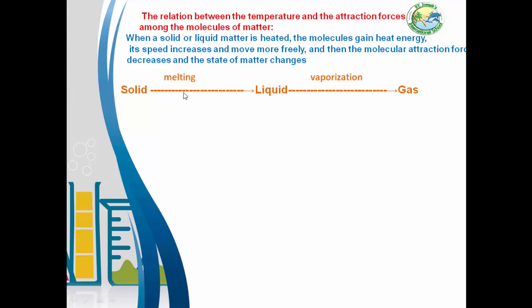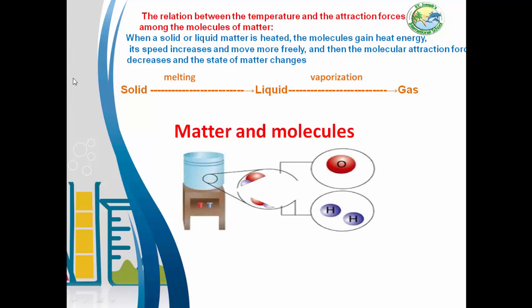Then we will talk about the structure of molecules, and also the kinds of molecules. As we said, molecules are the building units of matter, and each matter consists of molecules. Let's take an example. If we're talking about water, this cup contains a small amount of water.